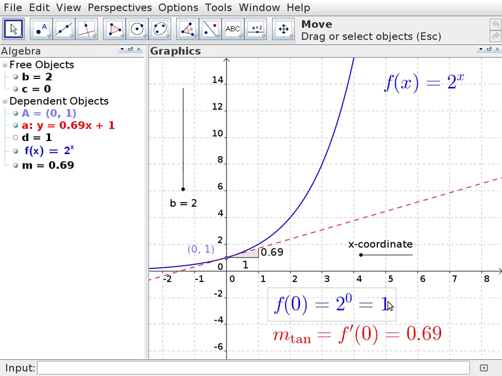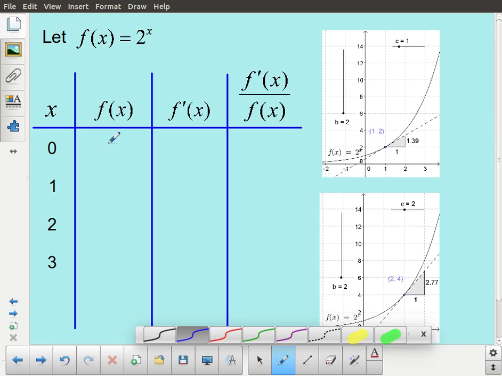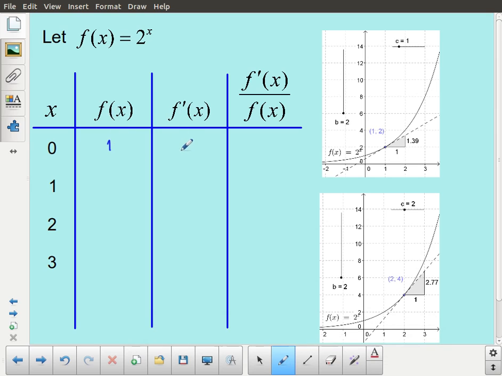So we have a y coordinate of 1 and a slope of 0.69. Then I could take the ratio of my slope to my y coordinate, and that ends up being 0.69 divided by 1, which of course is equal to 0.69.